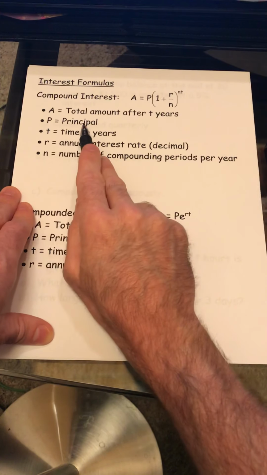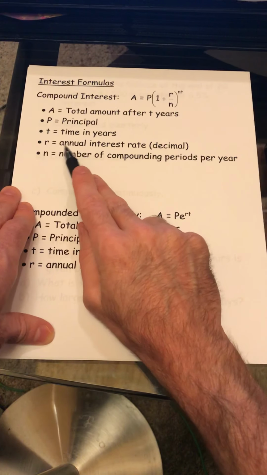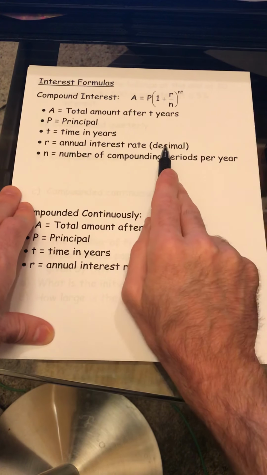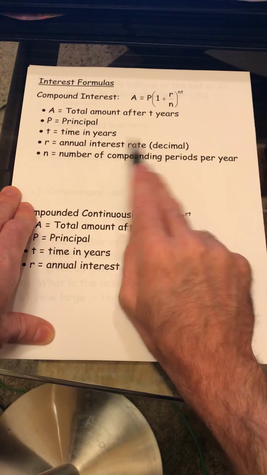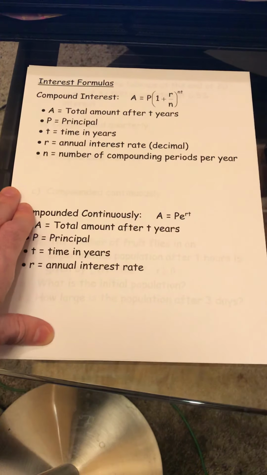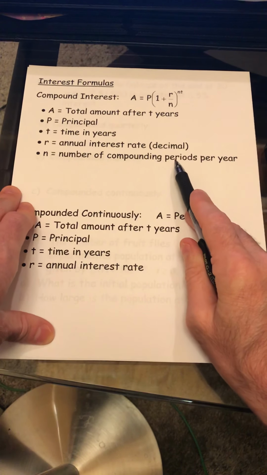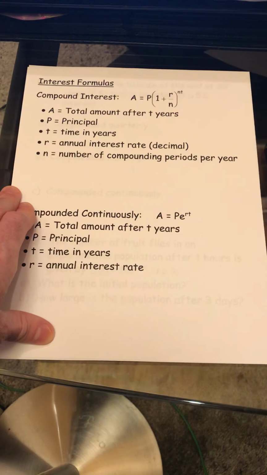P is the principal or initial amount. t is your time in years. r is the annual interest rate as a decimal, which we'll talk more about. And then n is the number of compounding periods per year, meaning how often do you get paid, or, depending on the possibility, do you pay interest?